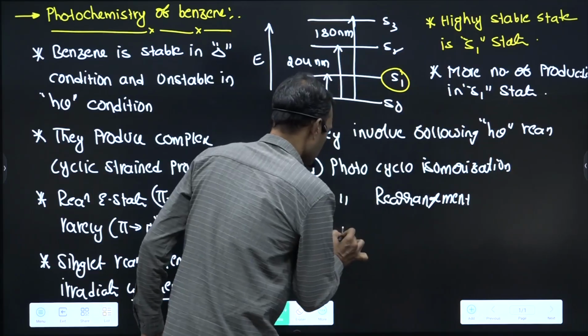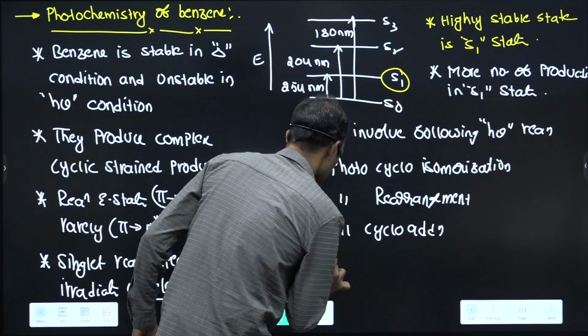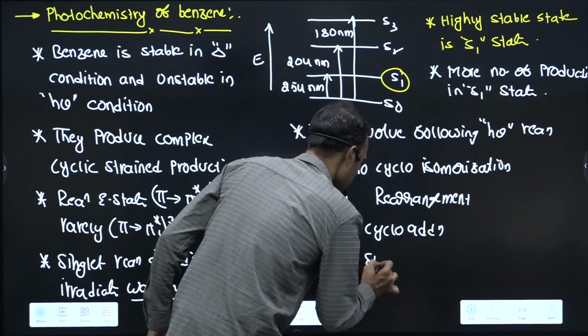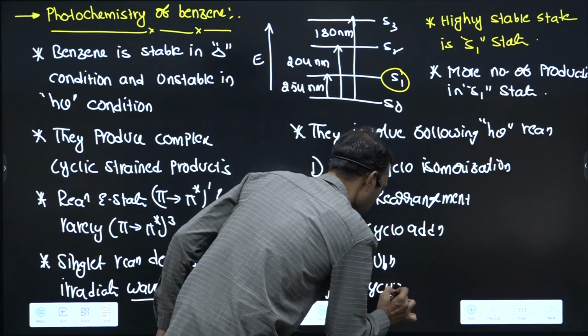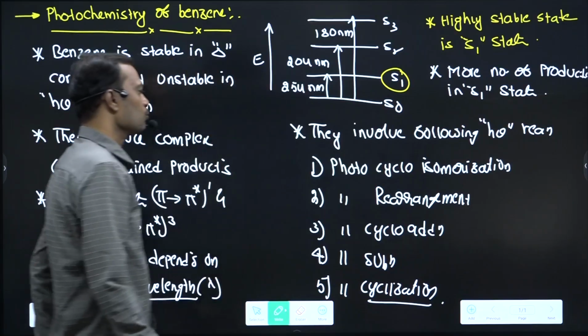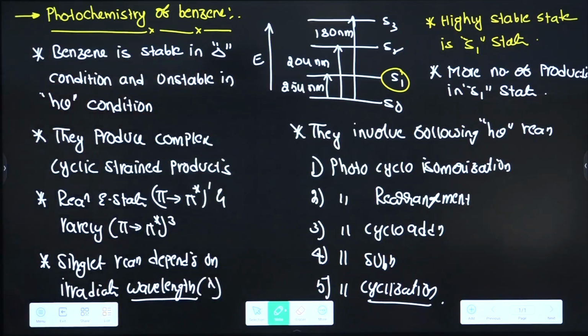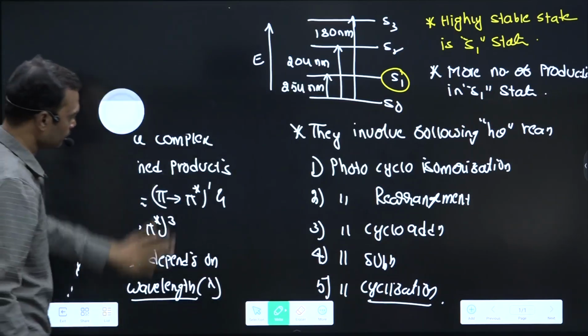Then photocycloaddition. Then photosubstitution. Then the last one, photocyclization. These are the common benzene reactions: photocycloisomerization, photorearrangement, photocycloaddition, photosubstitution, and finally photocyclization.